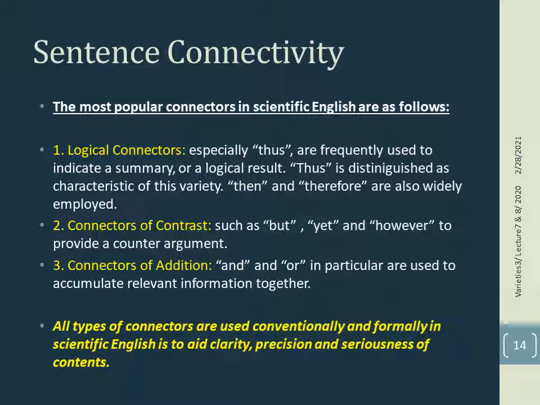Connectors of contrast such as but, yet, and however provide a counter argument. Connectors of addition, like and or, in particular, are used to accumulate relevant information together. All these types of connectors are used conventionally and formally in scientific English to aid clarity, precision, and seriousness of content.